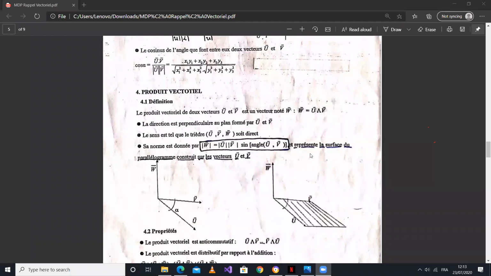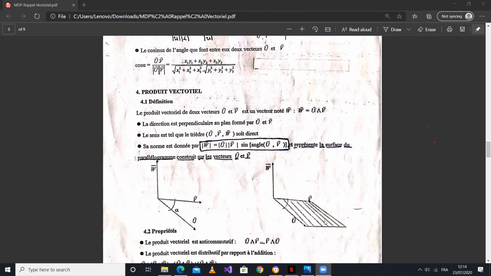The product vectorial represents the surface formed by the two vectors, or of the plane formed by the two vectors. So if we have two vectors here, U and V, and we're calculating the product vectorial, the answer we'll be getting is the area of the plane formed by U and V, or the parallelogram formed by these two.